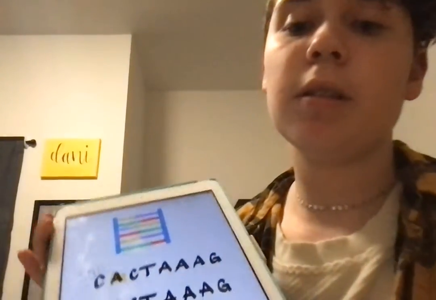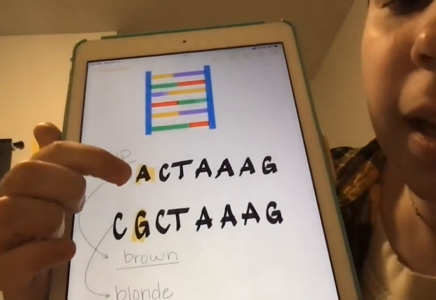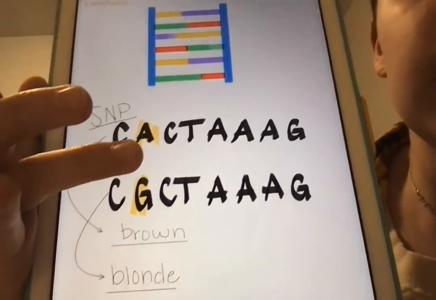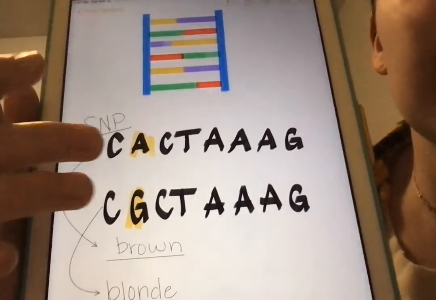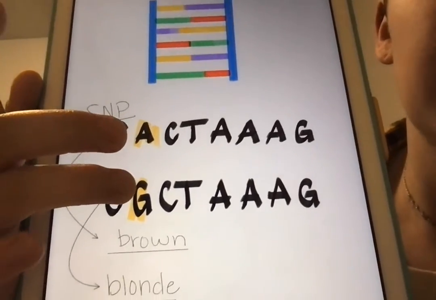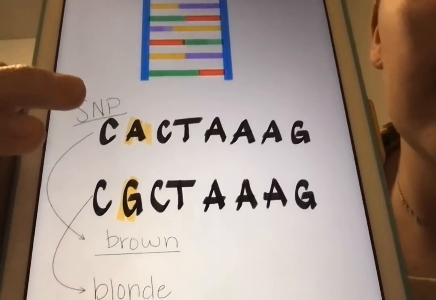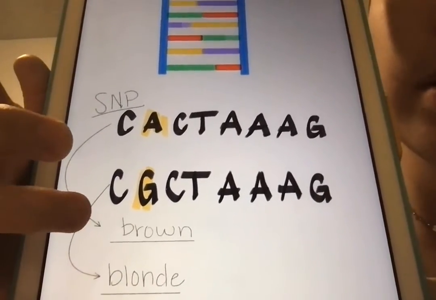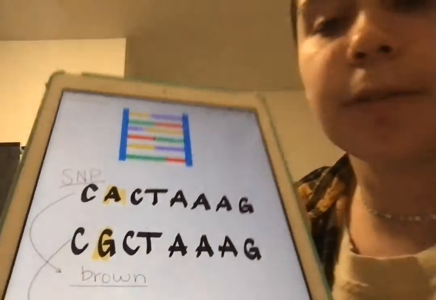All those you can see within all the DNA strands. And so here we have C, A, C, T, A, A, G, and then we have at the bottom one C, G, C, T, A, A, G. You can see that there's a slight difference between the adenine and the guanine. We can see that the adenine goes to brown and the guanine goes to blonde. You can see that slight difference can determine whether or not someone's going to have a certain phenotype. And so all of this we can get from DNA, which is beneficial.